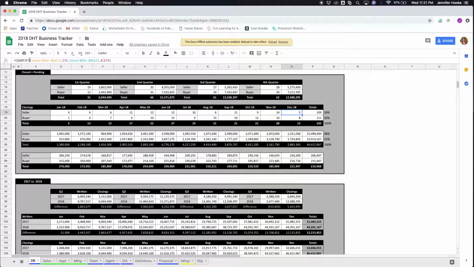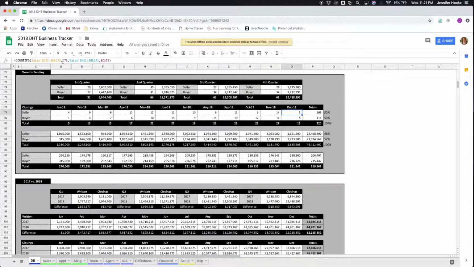COUNTIFS, it is what it says it is. It's telling Excel to count the number of occurrences if they fall under a specific set of categories. And those categories are listed here. And you can see each category by its color.